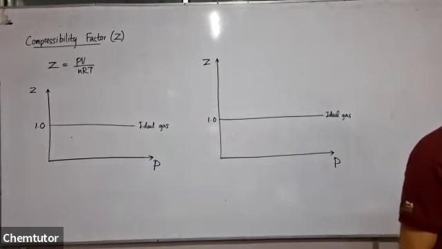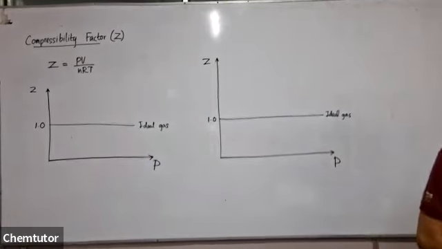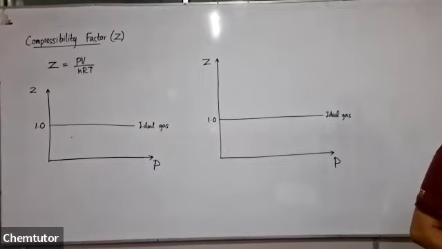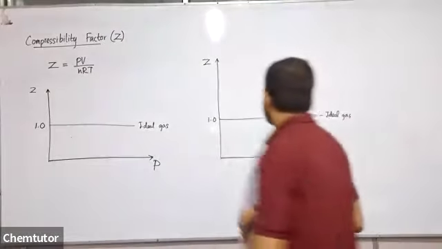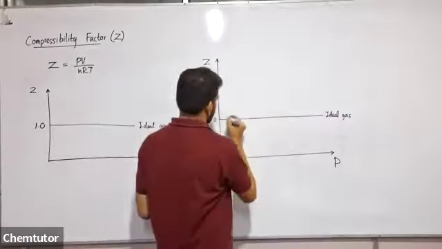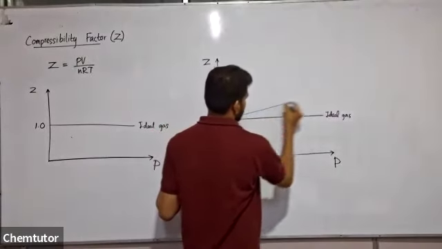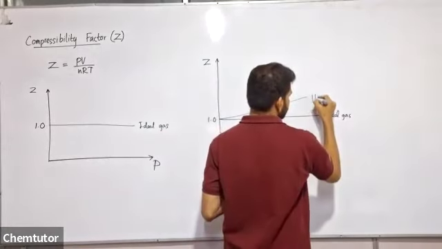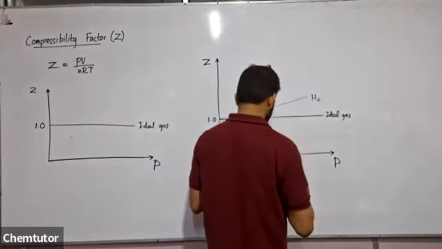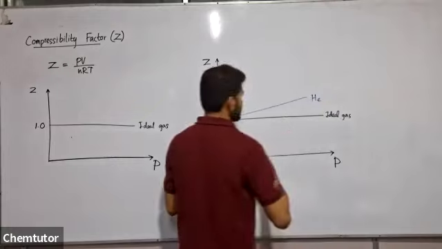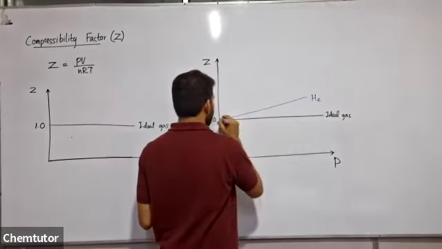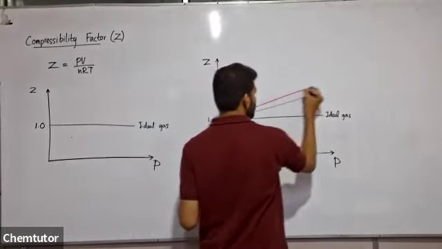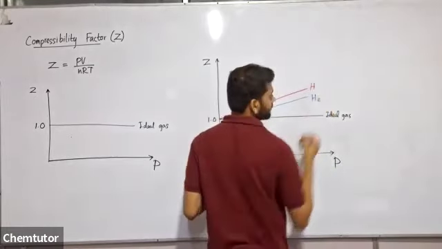Let's consider helium, hydrogen, methane, and carbon monoxide. So helium will be like this. If we consider hydrogen, it is lightweight, so it shows more positive deviation than that of helium.